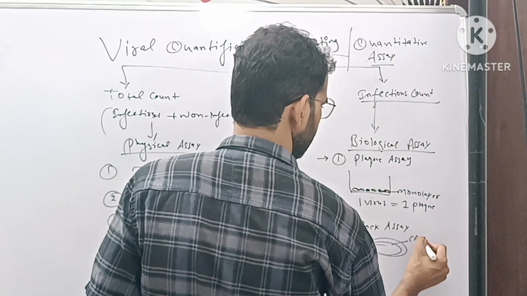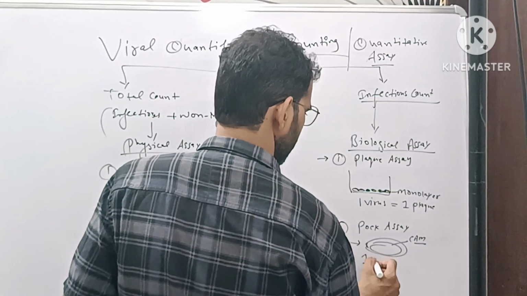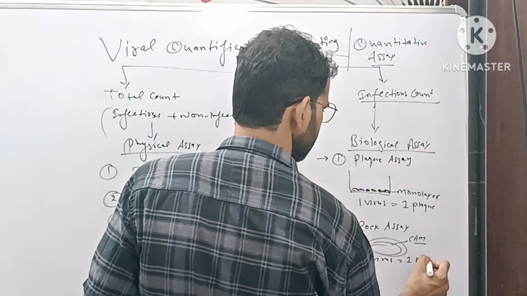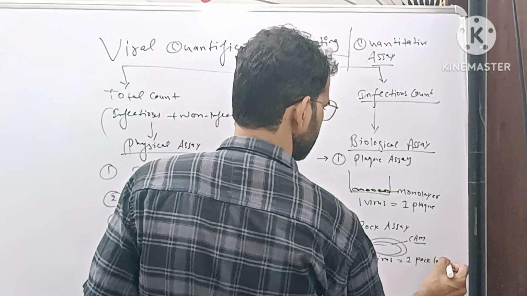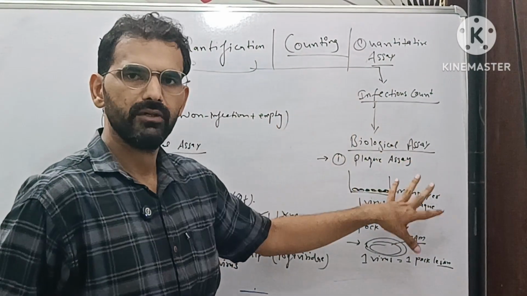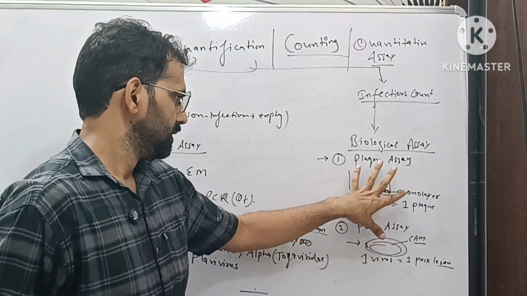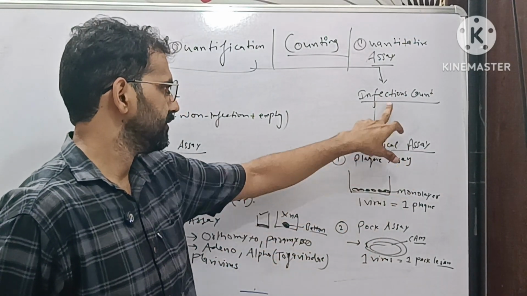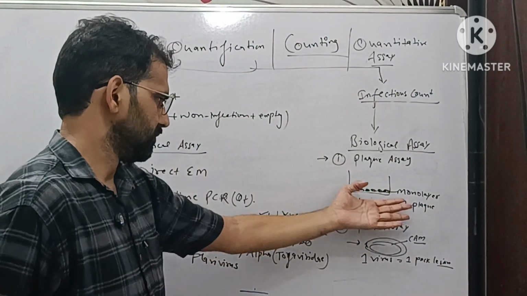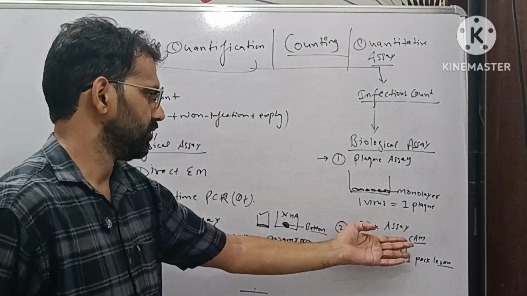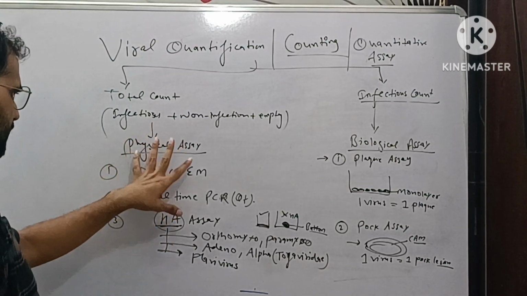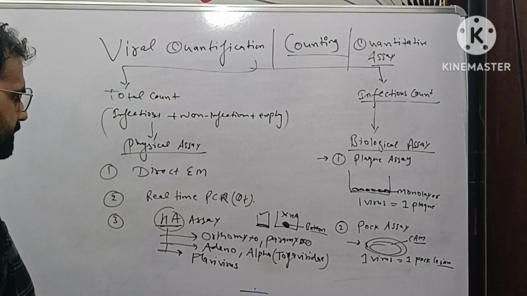CAM. Here one virus produces one pock lesion on the CAM. So these are the biological assays where we are counting infectious viral particles. One virus, one plaque; one virus, one pock lesion. And these are the physical assays where we are counting the total.